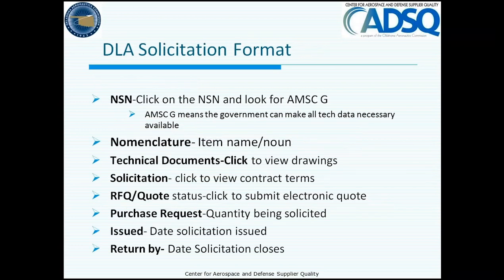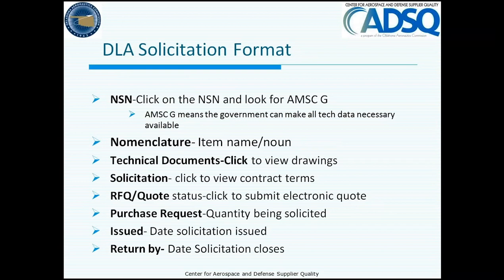Then when I go to the solicitations and see it on DLA, you're going to see the national stock number, and I'm going to talk about an AMSC, which is technically called an acquisition method suffix code. I know I'm using a technical term here, but the important point is that all material they purchase is G-coded, and this will mean something to you in a few minutes.